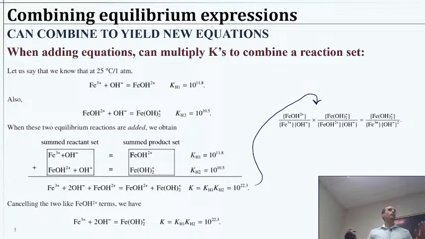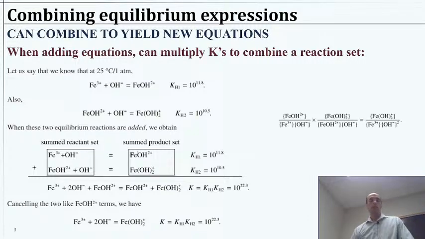It would be the same thing mathematically as just saying, instead of writing it all out like that, the K for this combined one is just K1 times K2. So we could do it very elaborately and set it up appropriately, or we just notice that's kind of a shortcut and we can simply say it's K1 times K2 here. That's kind of the point.